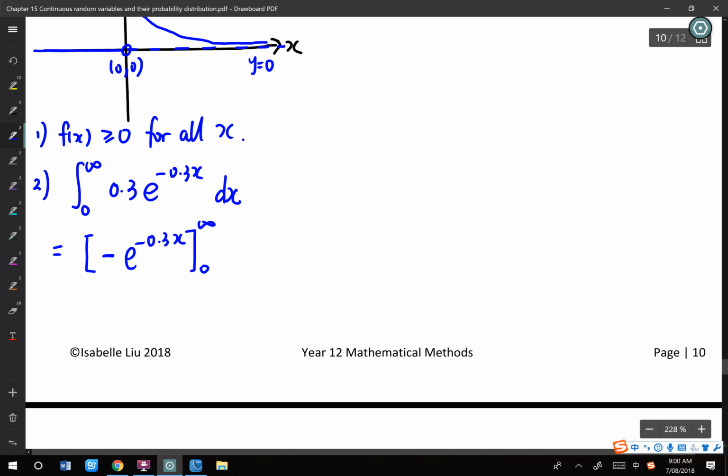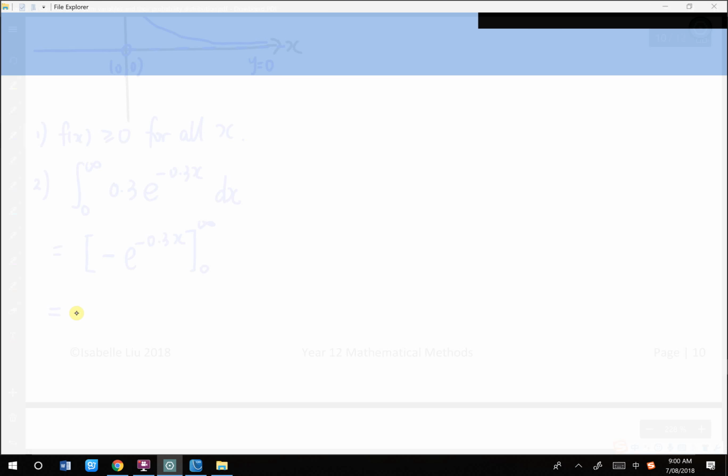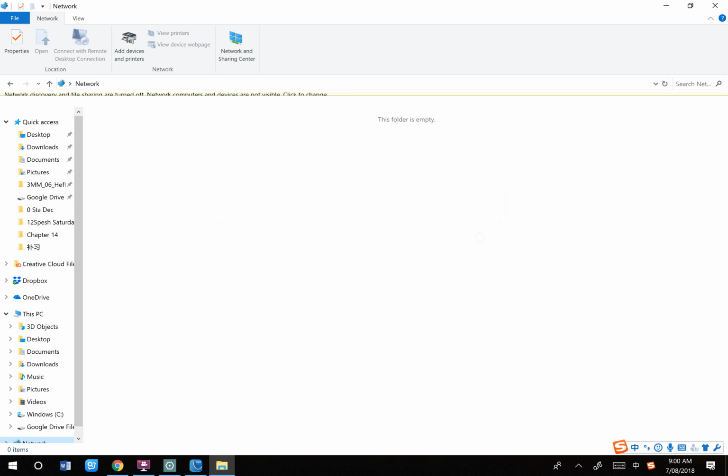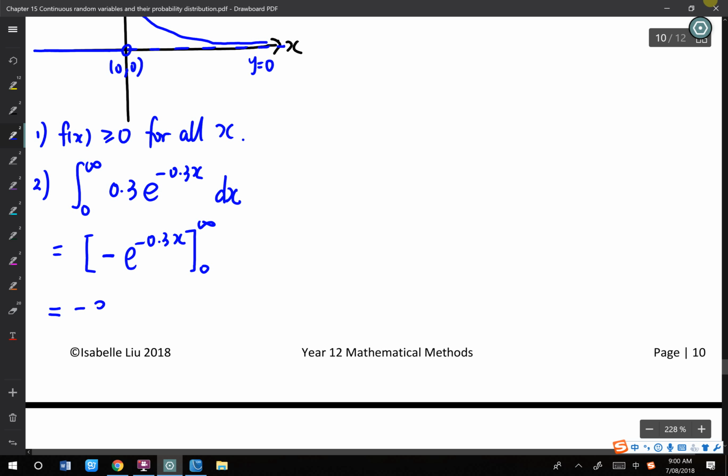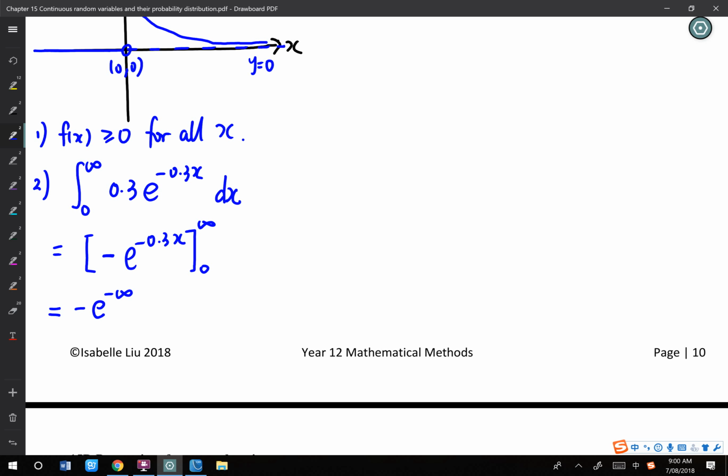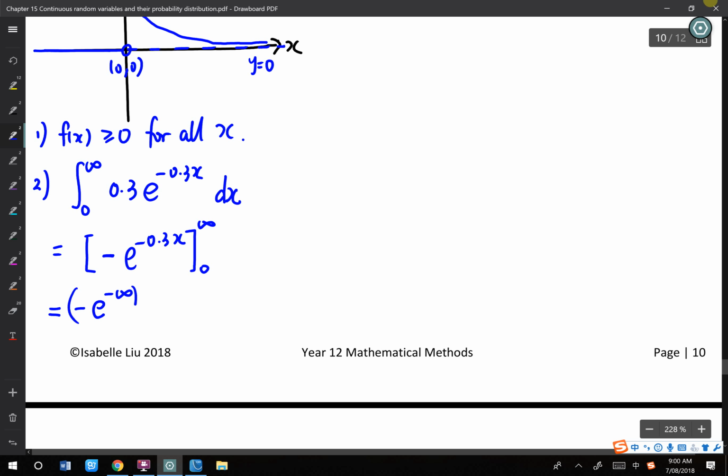So I sub that in. Negative e to the power of negative 0.3 times infinity is negative infinity, right? It's just, well, 0.3 times a really, really large number, still quite large, it's still negative infinity. That minus negative e to the power of 0 when you sub 0 in.